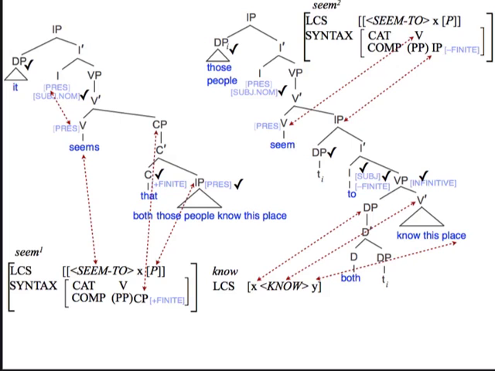In which case, though, to get those people both seem to know this place, we're going to actually have to have another specifier node in that slot, right?